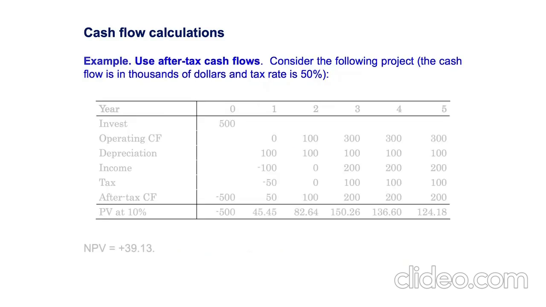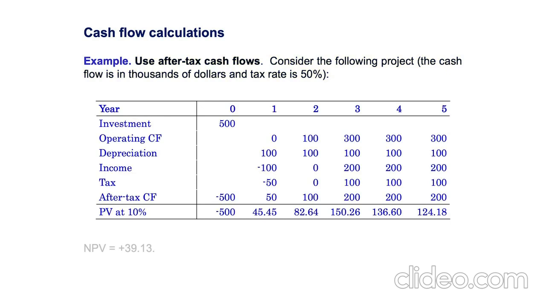Our next example focuses on taxes. The project's cash flow are given in the table, which are in $1,000. Assume its tax rate is 50%. The project spans from year 0, which is now, to year 5, as shown in row 1. It requires an initial investment of 500, shown in row 2.